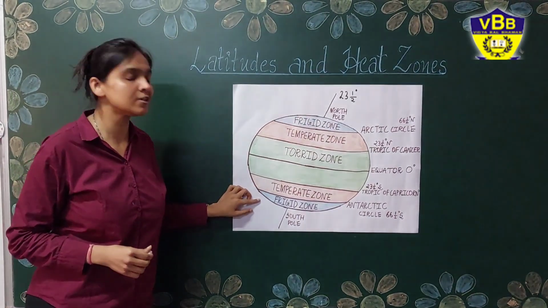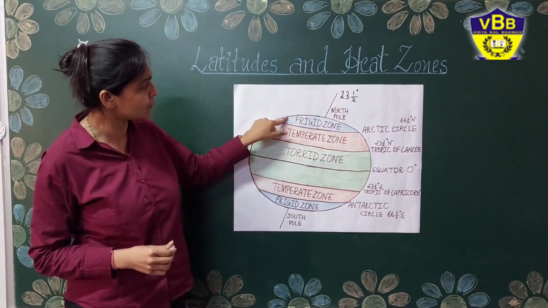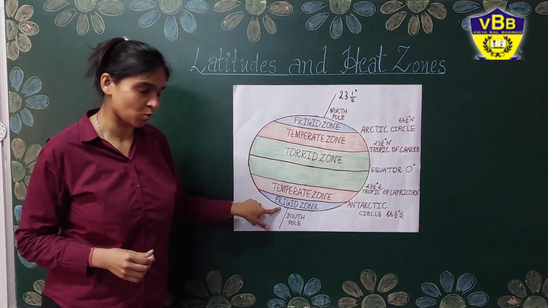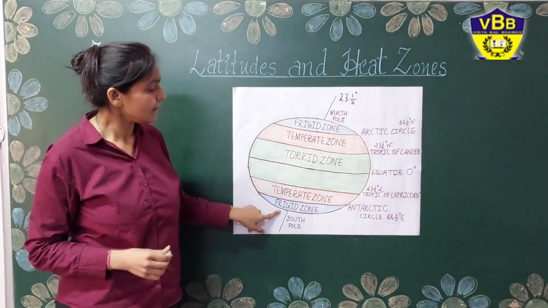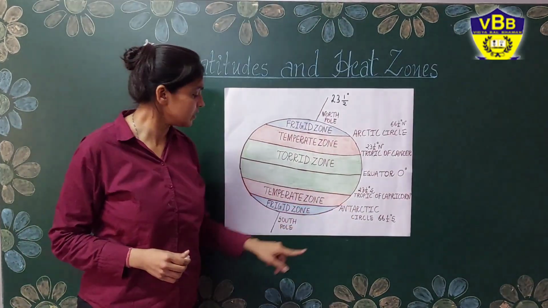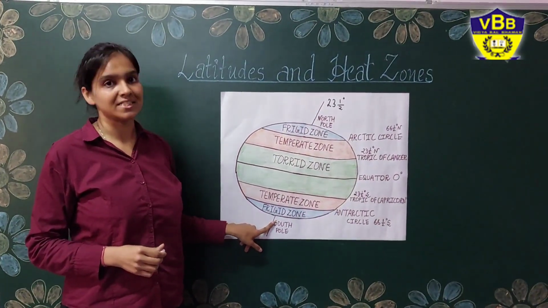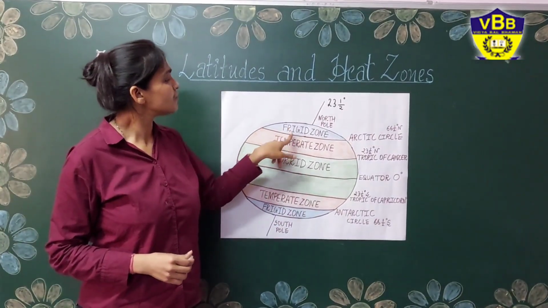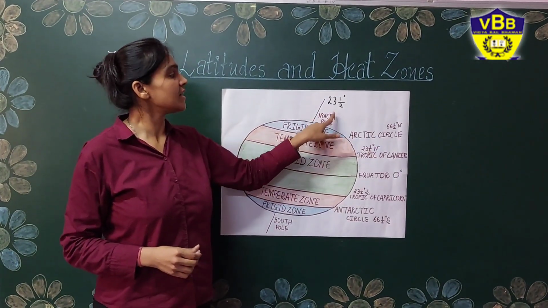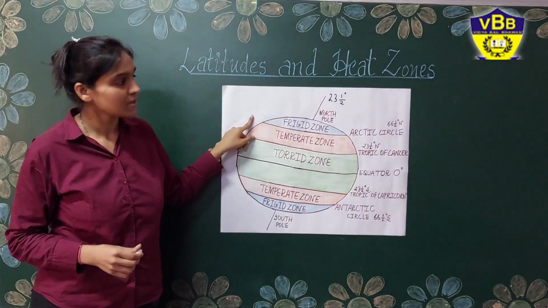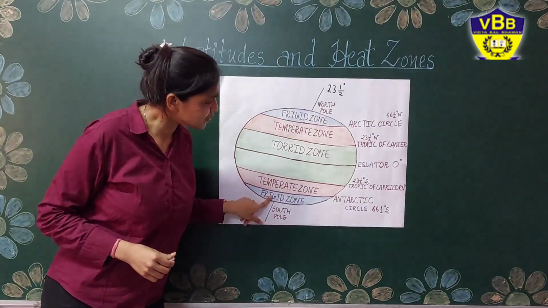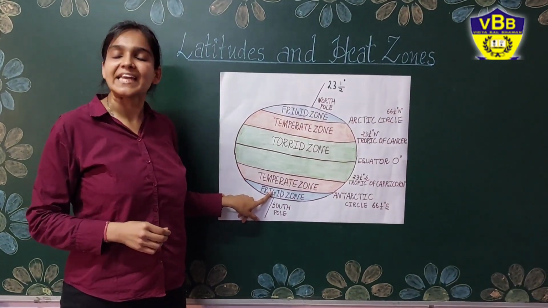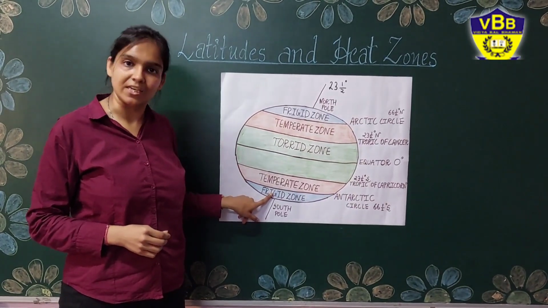Now you can see nearby the poles there are two zones marked as frigid zones. These are between the Antarctic Circle and the South Pole in the south, and between the Arctic Circle and the North Pole in the north. Both of these zones receive highly slanting rays of the sun.